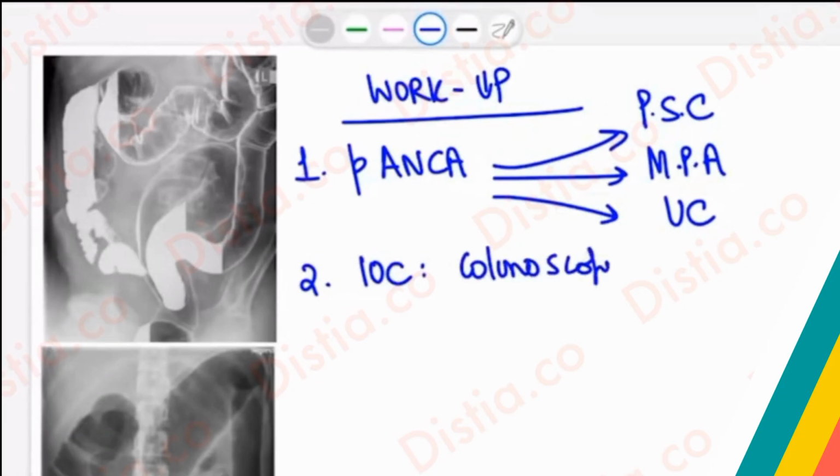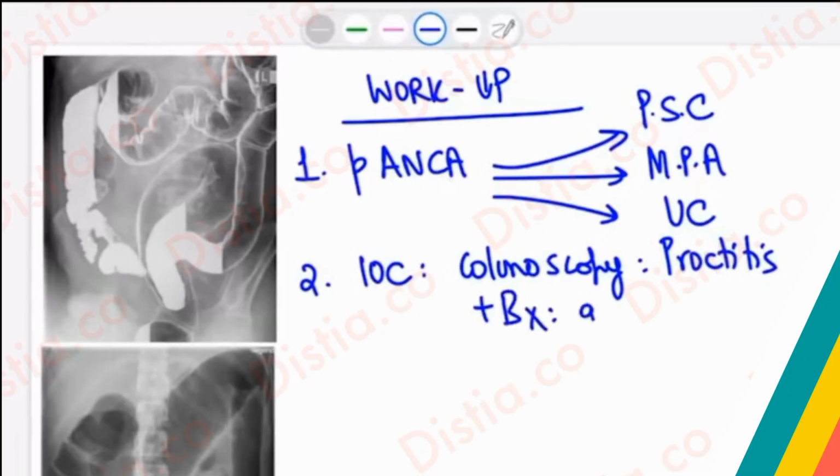On a colonoscopy or a proctoscopy, I will be able to see the proctitis component. In fact, in some of these patients, the rectal mucosa can be extremely friable, so that even if you do a per rectal examination, when you withdraw your gloved finger, there would be blood on the gloved finger. So proctitis is one of the gross findings that is present in this condition.